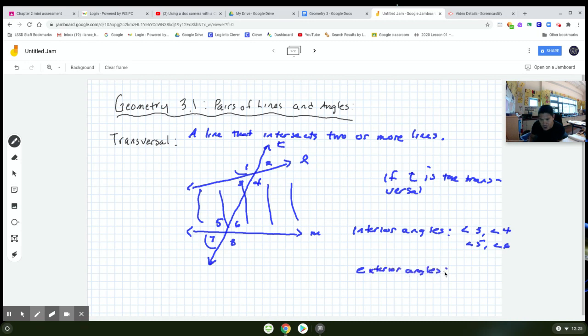So individually, angles 3, 4, 5, and 6 are interior angles, and then individually, angles 1, 2, 7, and 8 are exterior angles. They're outside of the two lines. But then let's talk about in a minute, once I clean up the diagram, angle pairs.